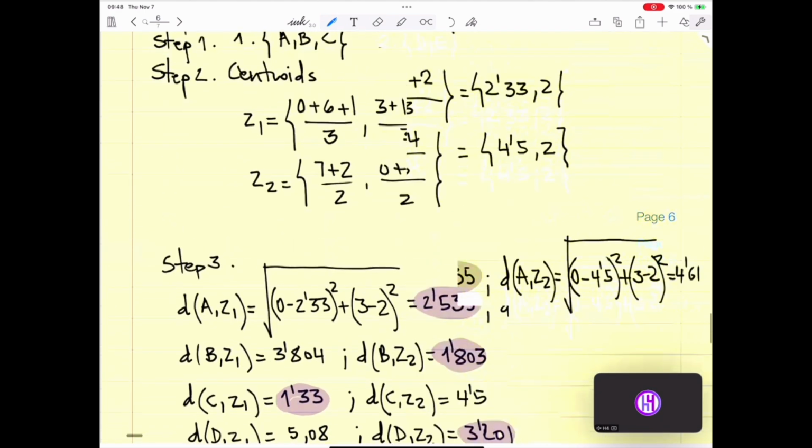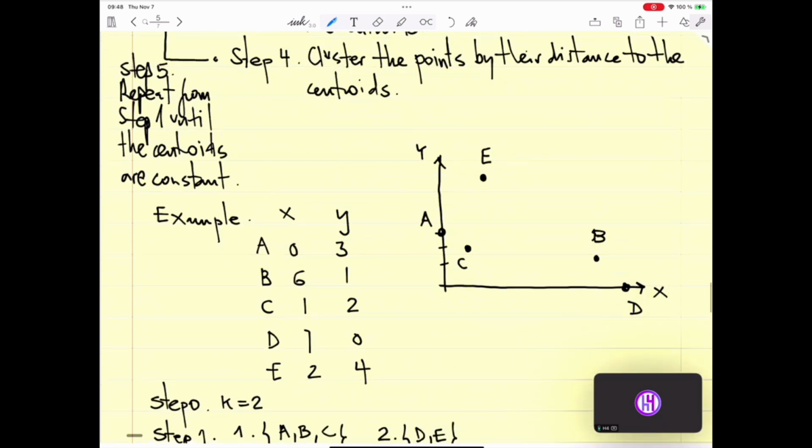Which makes more sense from the data. B and D, okay?